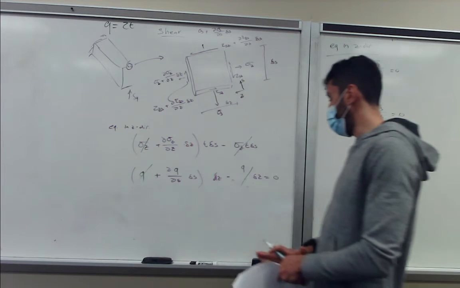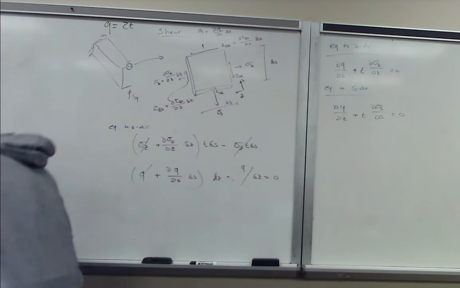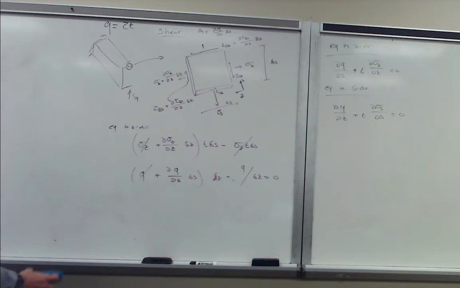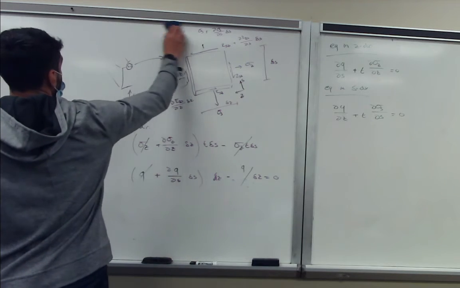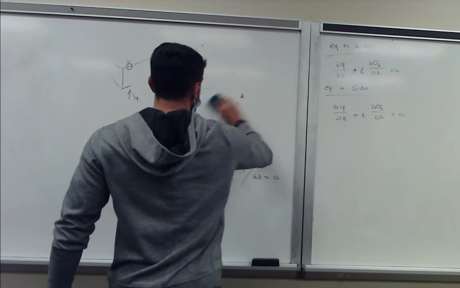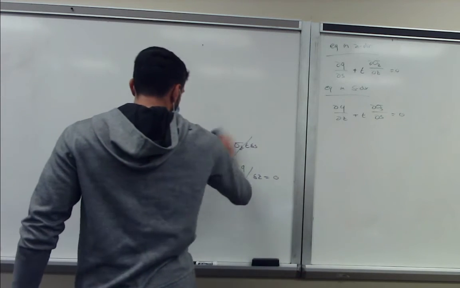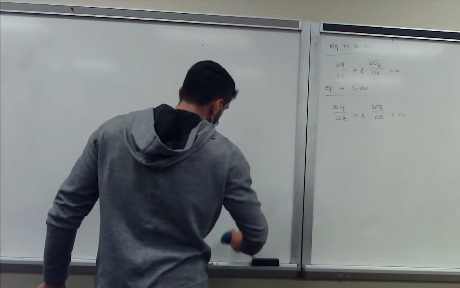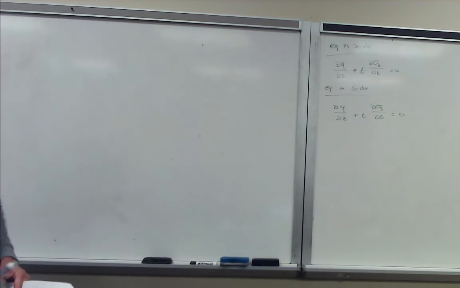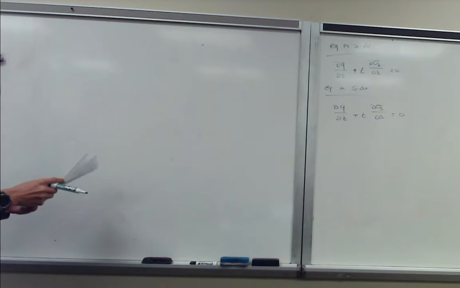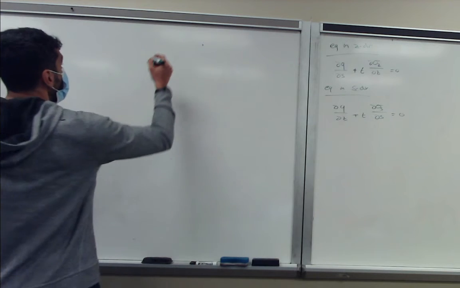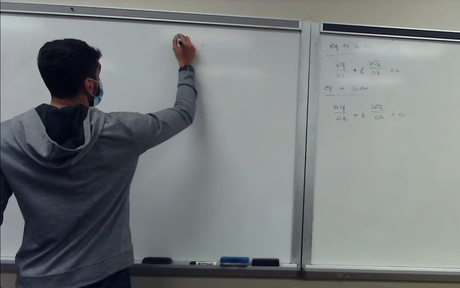So we still have to answer the question: how do Q and the external shear force relate to one another? For that, we go back to our original statement about statics. Let's have a look at a small piece in statics, in equilibrium.